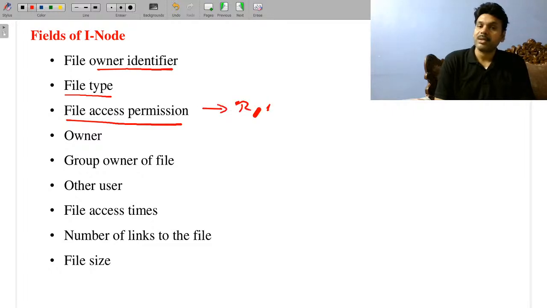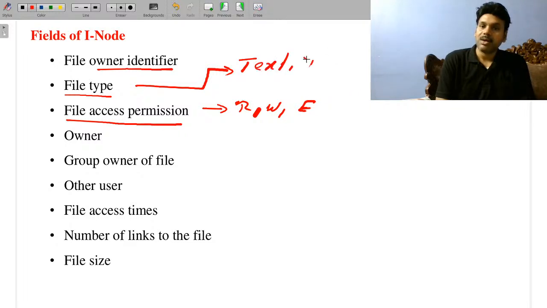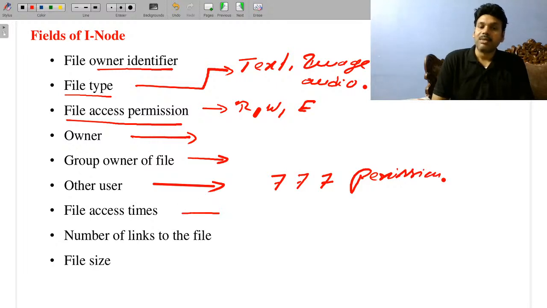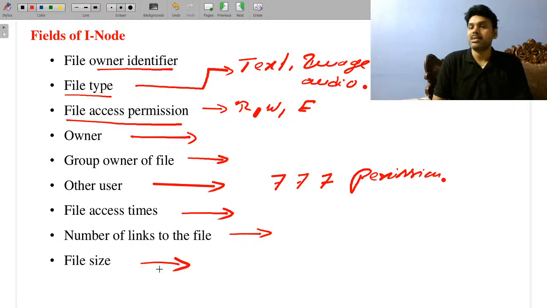Means read, write, execute. This is a text file or image file or audio file or video file. That's the type of file. And who is the owner? Who is the group owner? Who is the other user? We have permissions, like 777 permissions. These are the permissions, and the number of times the file is accessed, the number of links, and the size of the file.